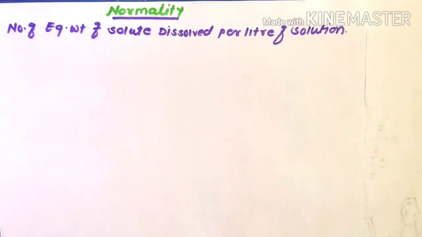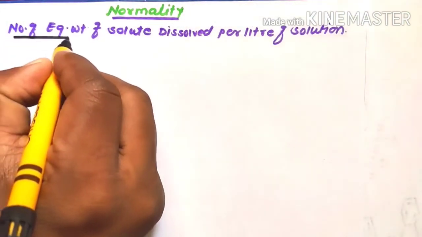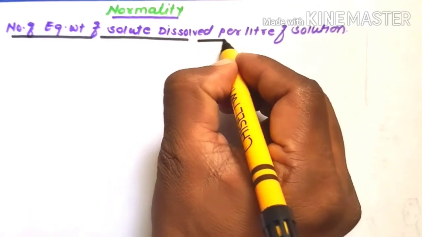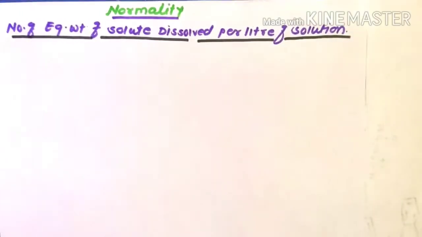This is known as normality. That is, the number of equivalent weight of solute dissolved per liter of solution is known as normality.